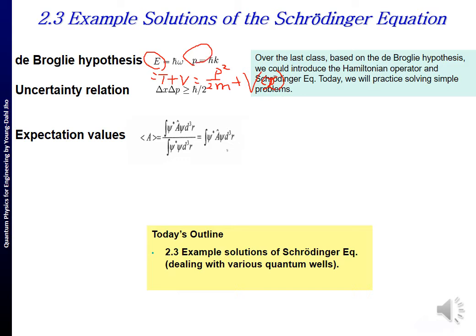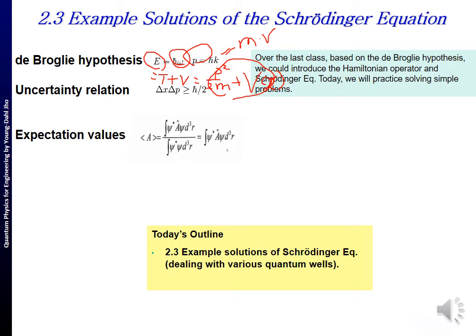Momentum P in the particle picture is written as m times v, the velocity of the particle. So two concepts are correlated now. The wave picture and particle picture, they are correlated.